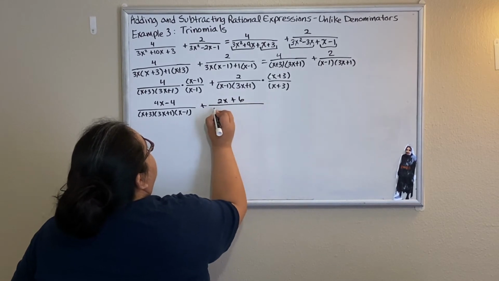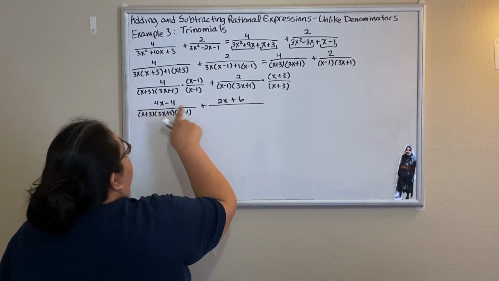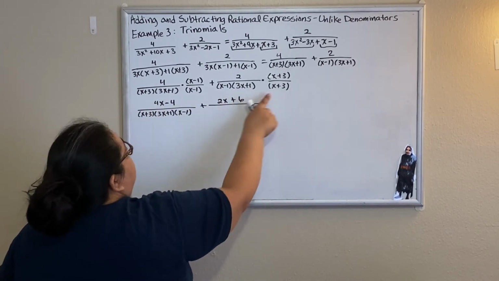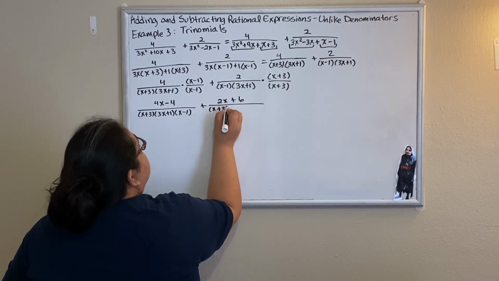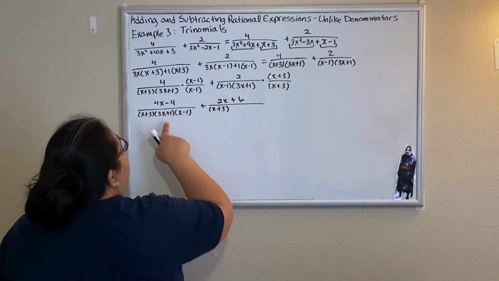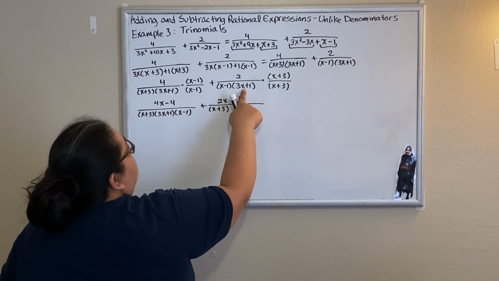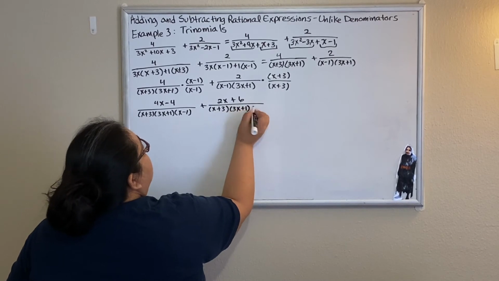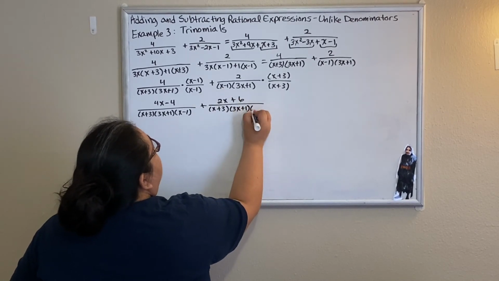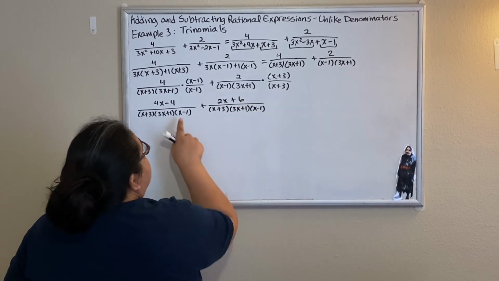Now in the denominator, let's put these in the same order as before. We have an x plus 3, so we're going to put x plus 3 just so this is nice and organized and in order. Next we have 3x plus 1, which is right here, so we're going to write 3x plus 1. And then our last factor of x minus 1 is at the end.